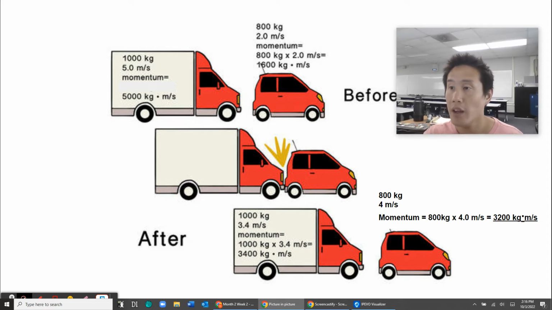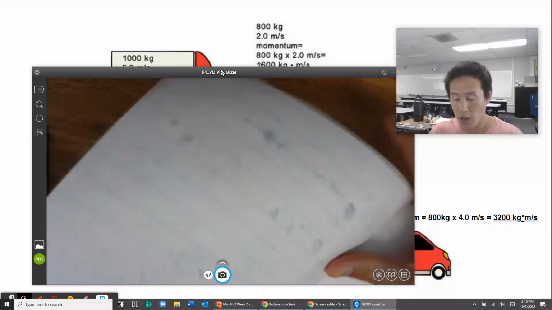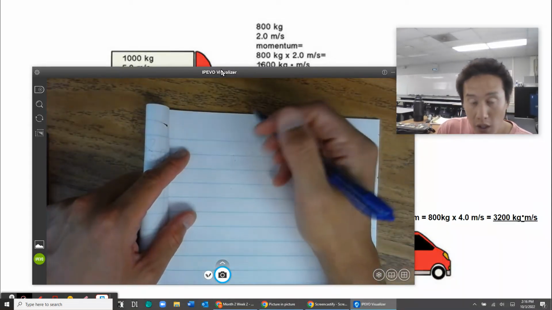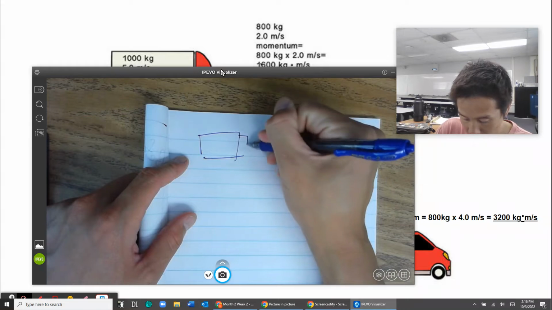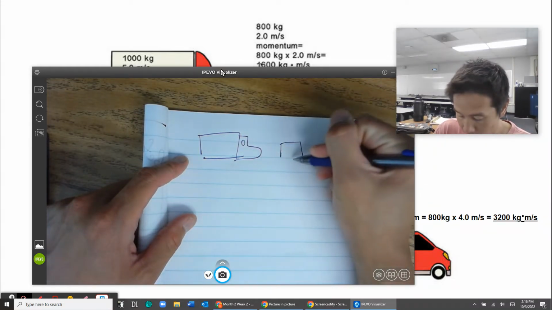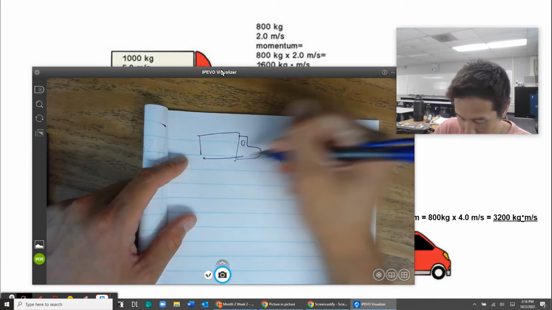Let's put me back in, coach. Let's double check really quick. Here is the truck before. Here's this little zippy car before.